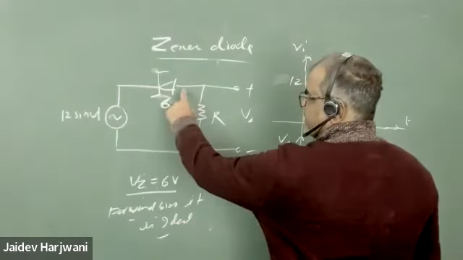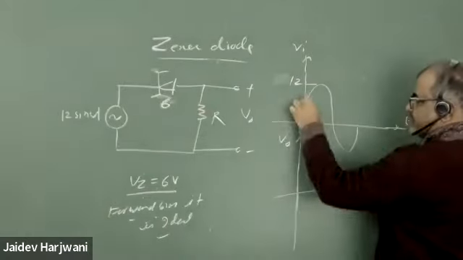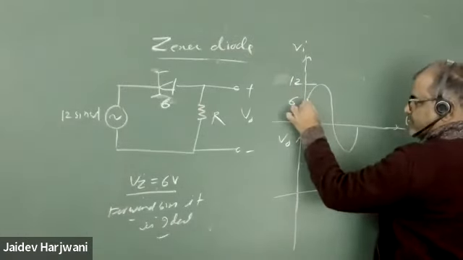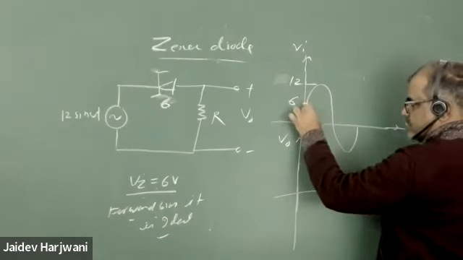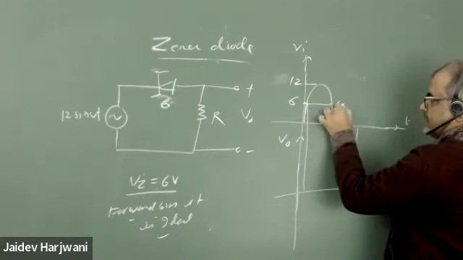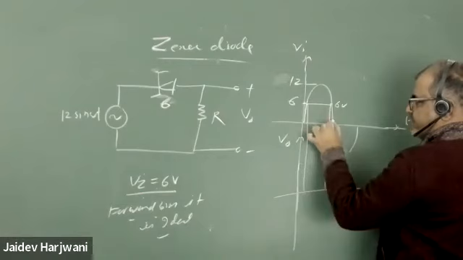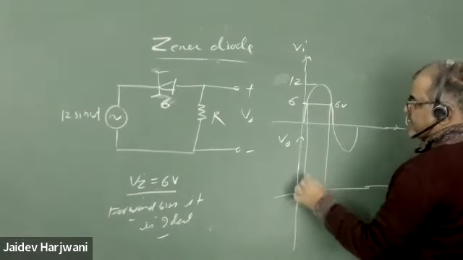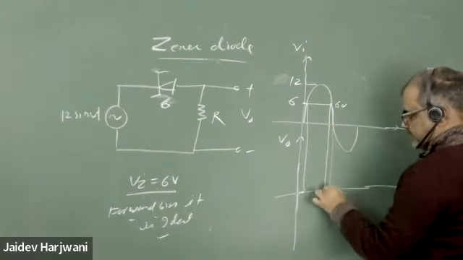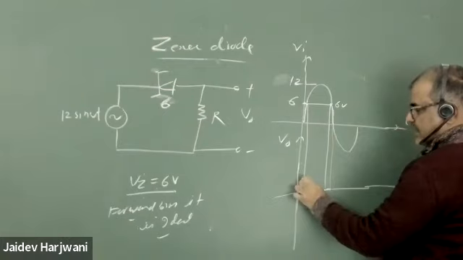When this is open, no current is flowing in the circuit, so V0 is 0. Suppose 6 volt is here, up to here. When this much voltage is applied, you cannot have current in the circuit, so you don't have current in this part.